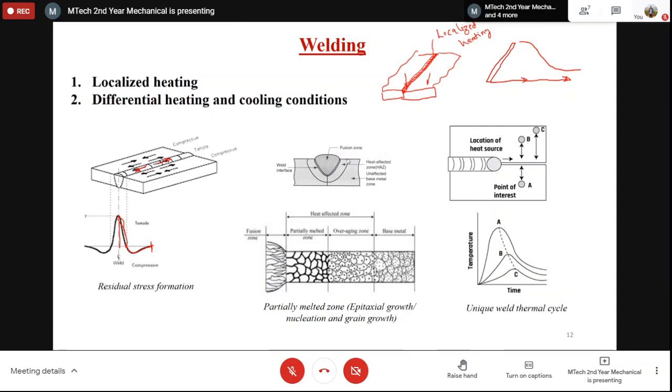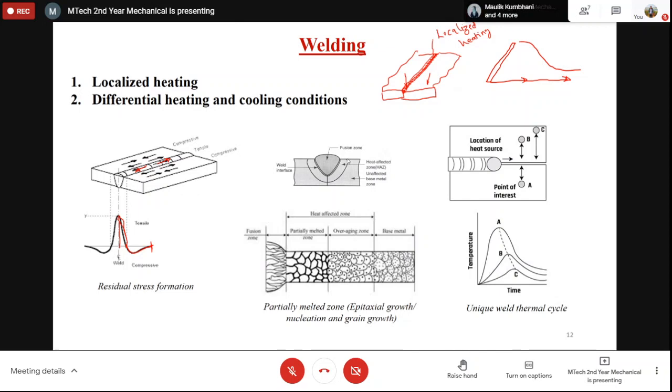So if you move away from the fusion zone, you will get different regions at different sections of the material. Due to that, when cooling happens, the microstructure will also be different at different sections. So due to this partially melted zone, we'll have different types of microstructure.